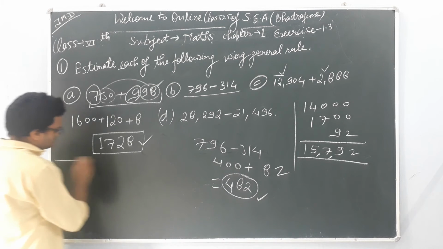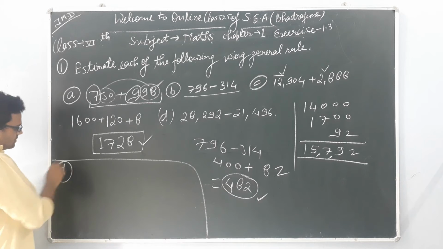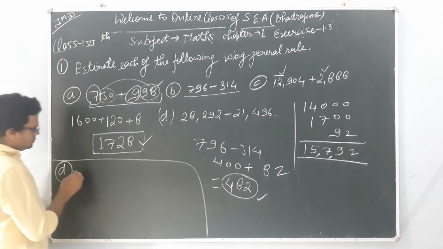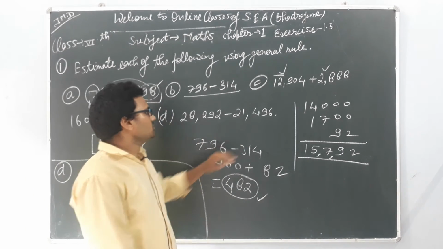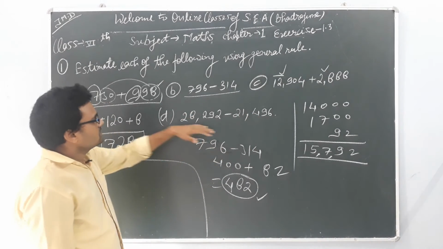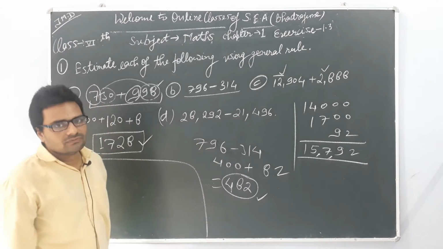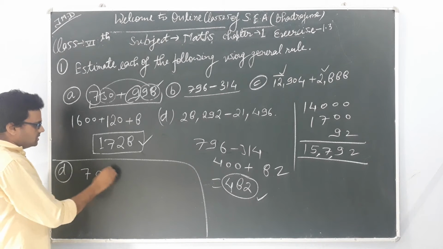Our part D is 28,292 minus 21,496. So first we will subtract 21 from 28, and we get 700.